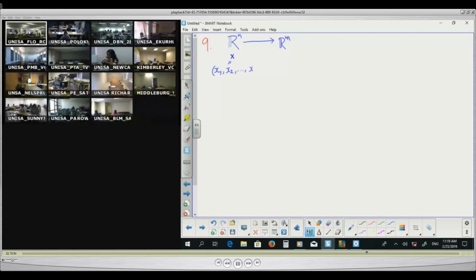And when I shall consider it as a matrix, I shall always consider it as a column vector like this. Now you give me a matrix A which is an m cross n matrix.